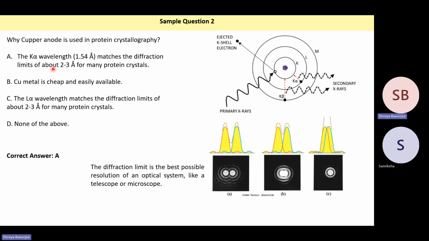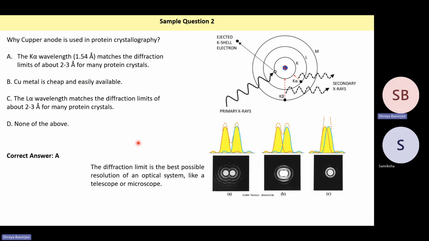So what is the diffraction limit? Diffraction limit is the best possible resolution that you can get. Suppose you get two peaks merged, fully or partially, this is not good resolution. If the peaks are clearly separated, then they are well resolved peaks, and this is what you want. Now the diffraction limit of protein crystals is 2 to 3 angstrom.